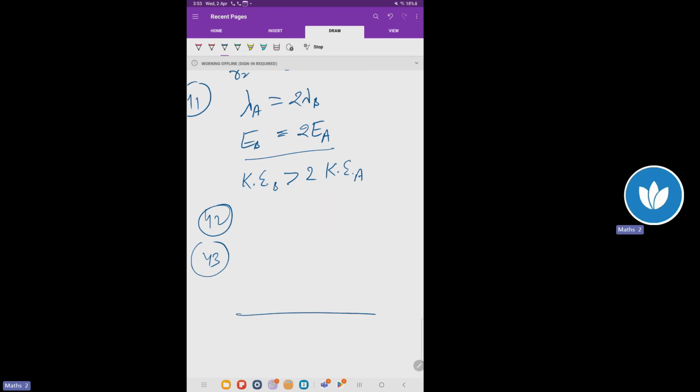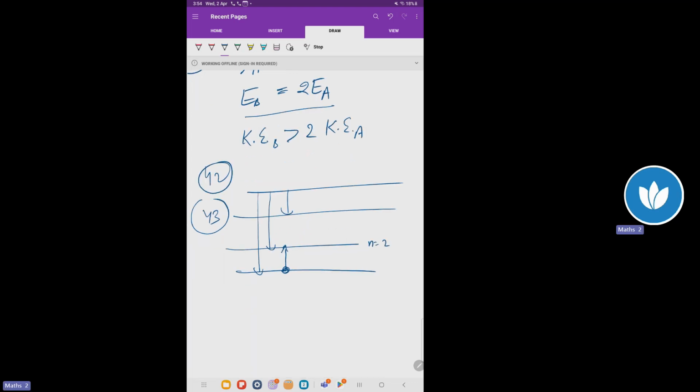Correct. How will the emission spectrum form? From the ground state the electron will excite. It can be excited to n is equal to 2, 3 or 4, and during emission, if the electron is coming from higher energy to lower energy, its path can be from n2 to n1.